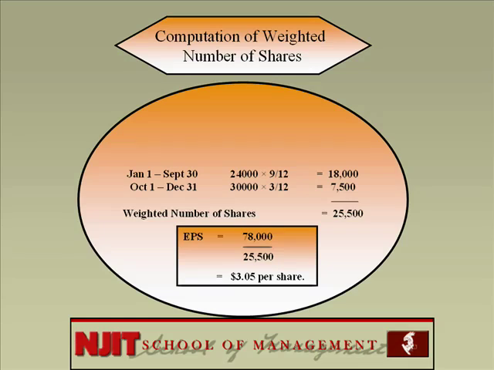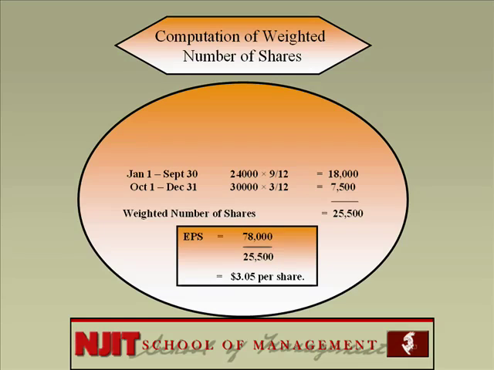So, from October 1 to December 31, that is the 3 months out of 12, they had a total of 30,000 shares issued. So 9 months out of 12, 24,000 shares were out there. 3 months out of 12, 30,000 shares were out there.